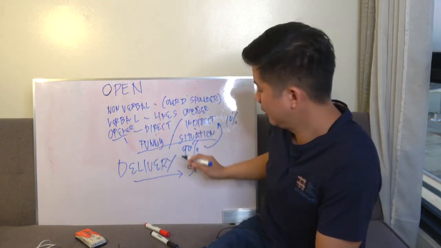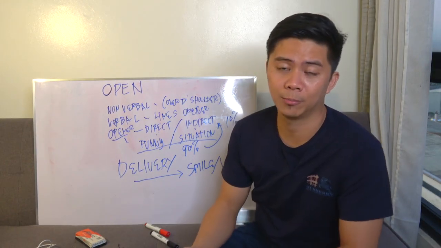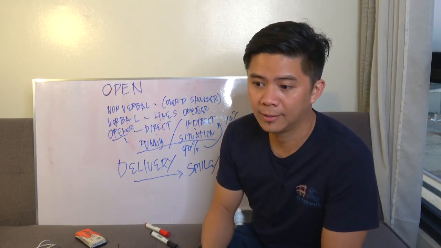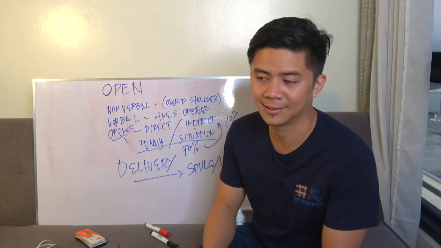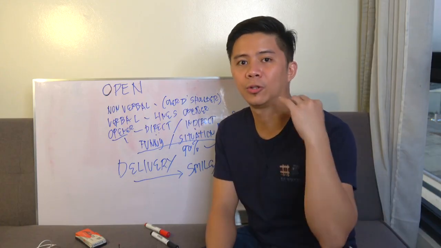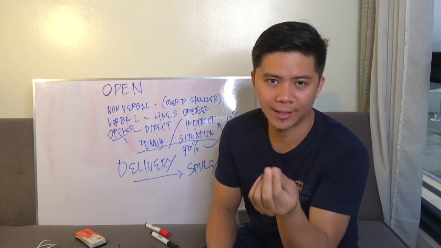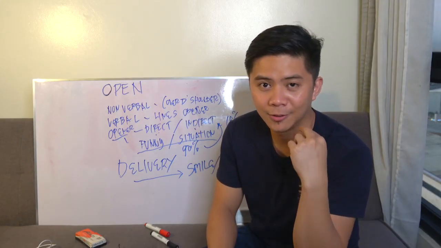At the same time, you do the vocal tonality. Your vocal tonality is really important too. If you talk like this and feel very shy, there's no power in it, there's no confidence. Your vocal tonality is your confidence. The first 10 seconds, your vocal tonality is your fake confidence or your confidence.